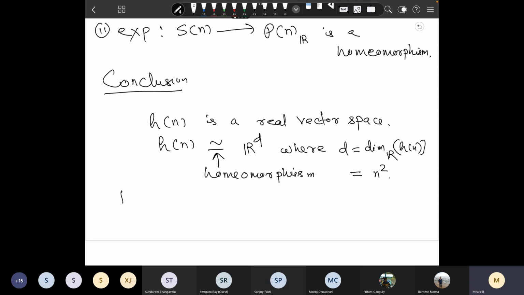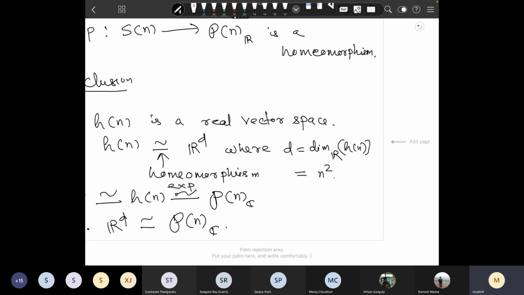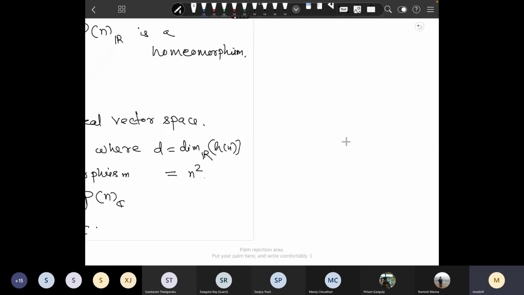Now we have R^d homeomorphic to H_n, and this is homeomorphic to P_n(C), and this map is the exponential map. That means we are getting that R^d is homeomorphic to P_n(C). So is it clear? R^d is homeomorphic to P_n(C).